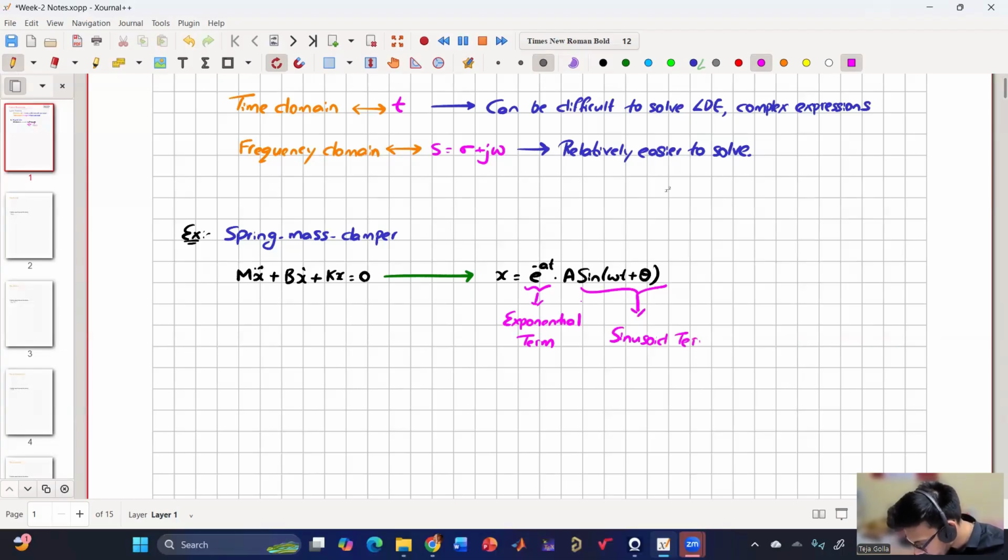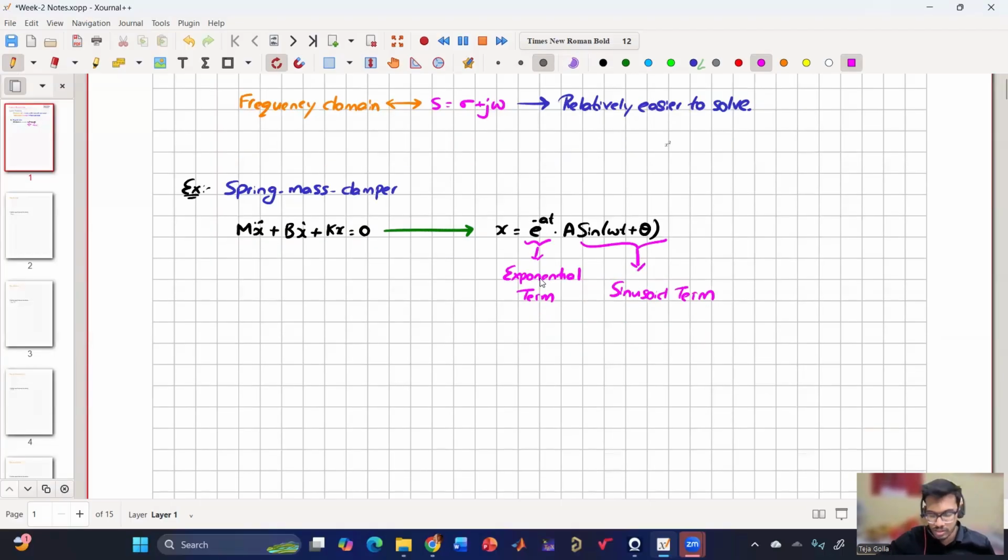So whenever we are solving in time domain, what are we basically doing? We are trying to solve this differential equation and we'll be integrating it and then get the solution, right? So this is basically the solution that we are talking about. If we calculate by time domain, we have to deal with both the exponential term as well as sine term.